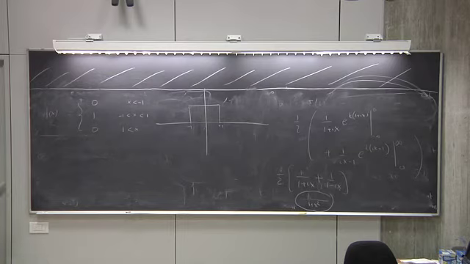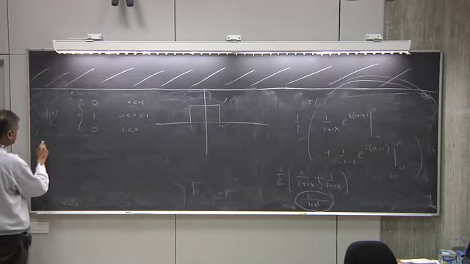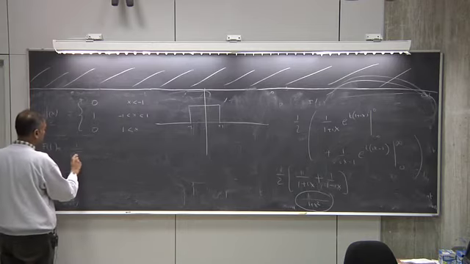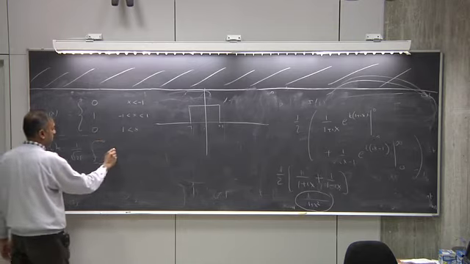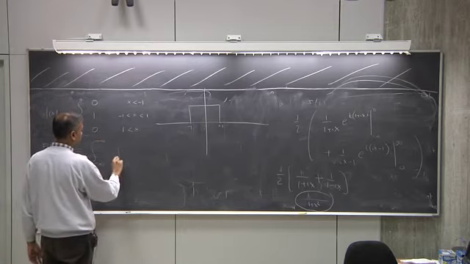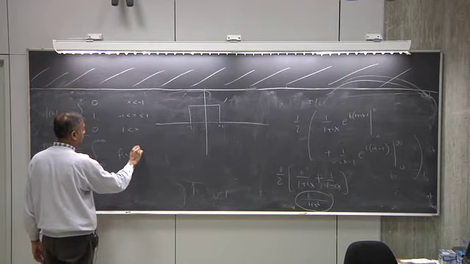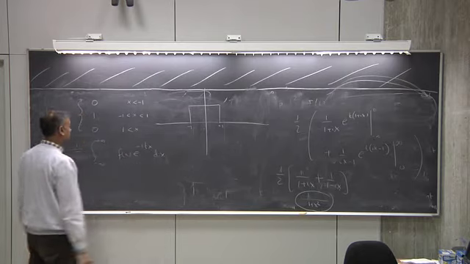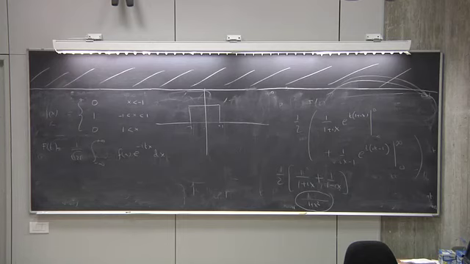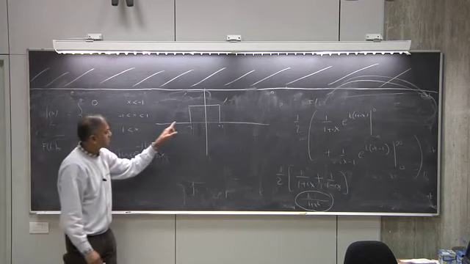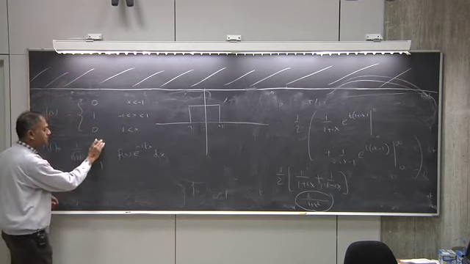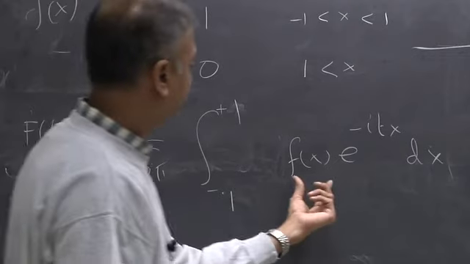So let's again compute f of t, which is 1 over root 2 pi, integral from minus infinity to plus infinity of f of x e to the power of minus i t x dx. As I said, since f of x is 0 in this region, effectively this integral just becomes minus 1 to 1, and there f of x is 1.